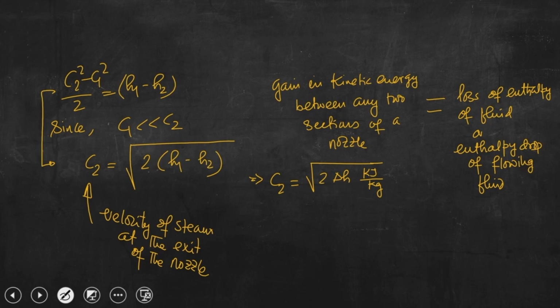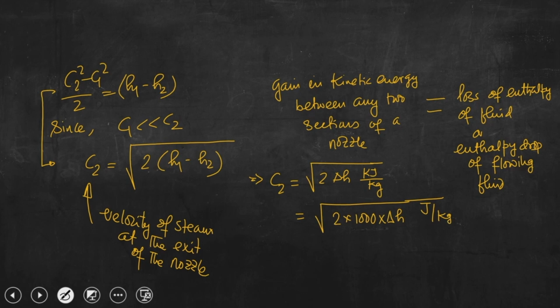Our objective should be to write the right hand side in the unit of meter per second, that is velocity unit. So, that is 2 into 1000 into delta H into joule per kg.